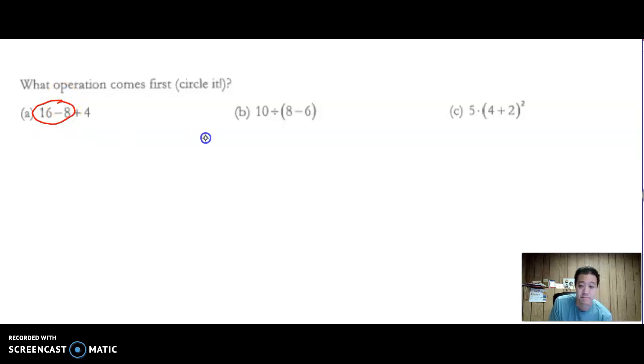In part B, we've got a grouping, a parentheses here, so this comes first. We're going to do 8 minus 6, and then 10 divided by 8 minus 6 after. And then in part C, again, we've got parentheses and a grouping, so we're going to add 4 and 2 first.